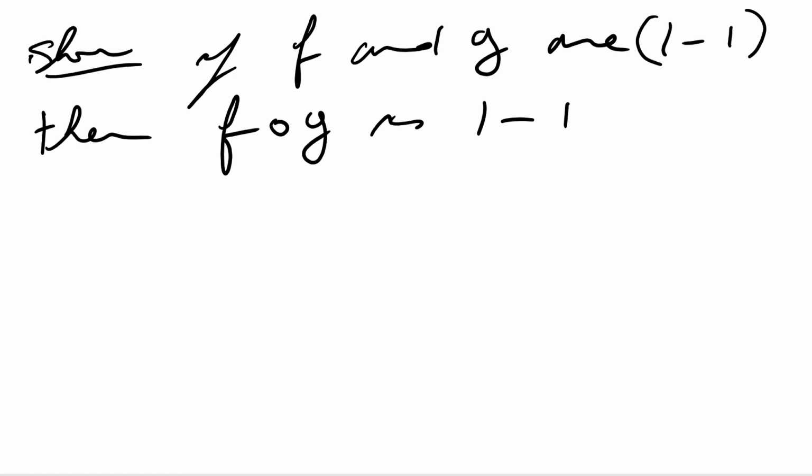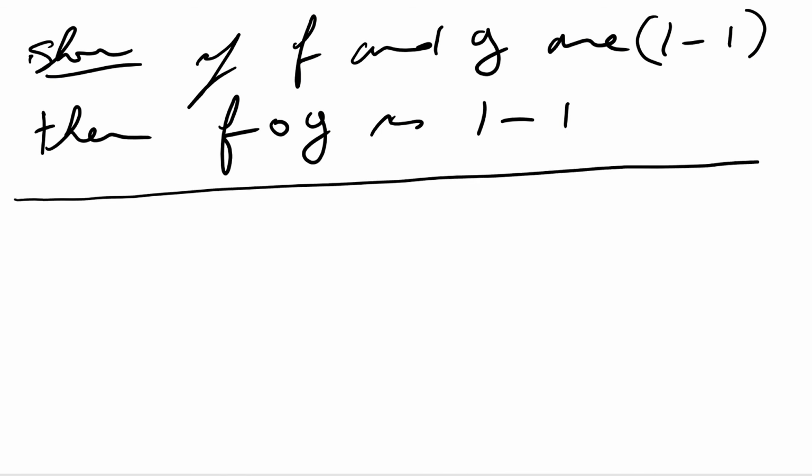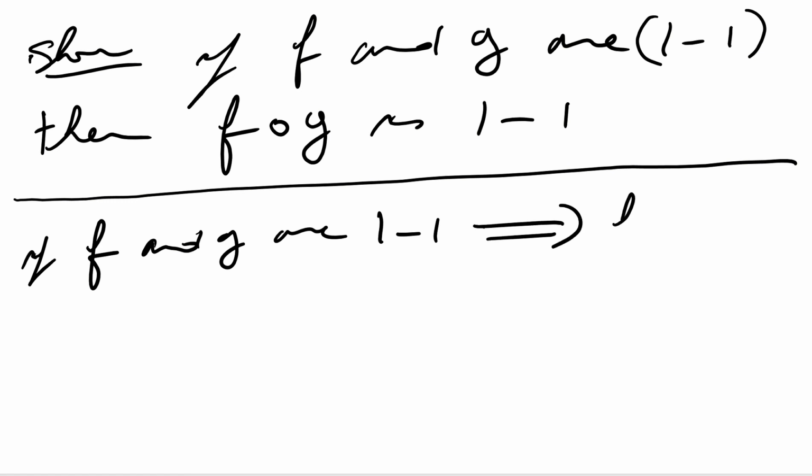We want to show that if f and g are one-to-one functions, then f∘g is one-to-one. Basically, I'm just going to rephrase this. We are saying that if f and g are one-to-one, this implies f∘g is one-to-one.